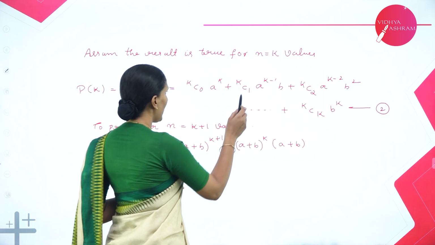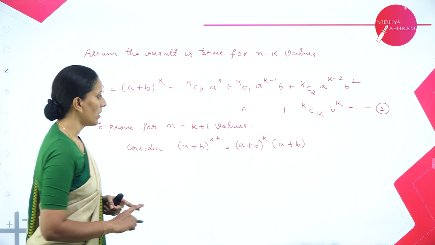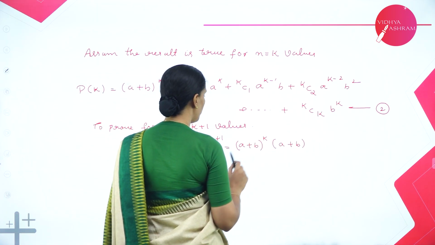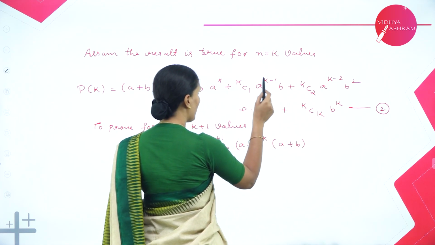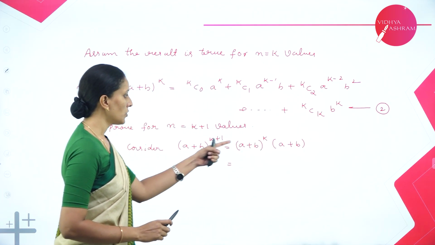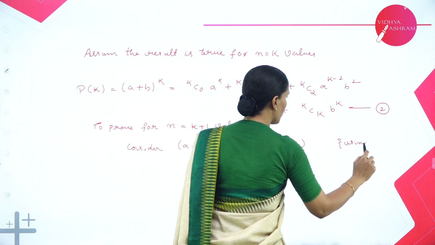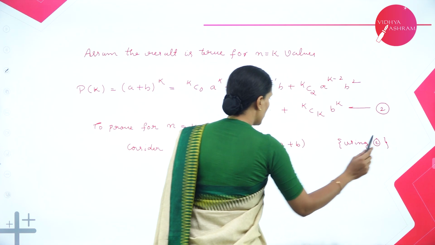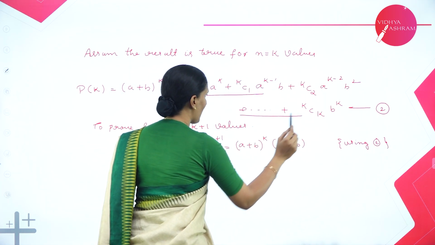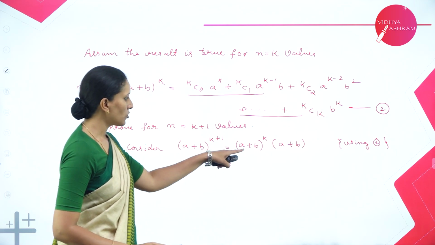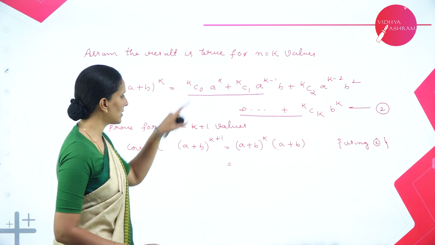Now here we have equation 2, which is (a plus b) power k. So let us multiply a to the equation once and then we'll multiply b to the equation. So using equation 2, instead of (a plus b) whole power k, we can consider this entire expansion. Let us multiply a to this equation.